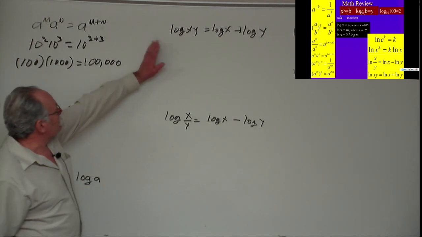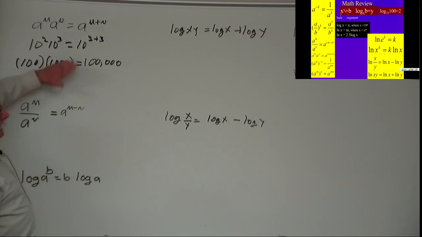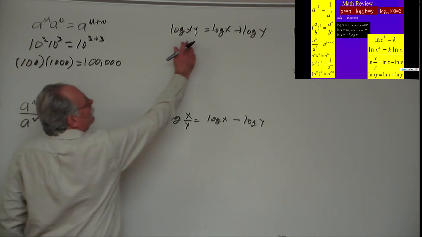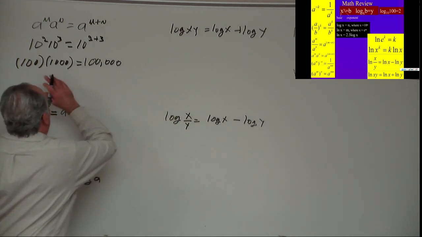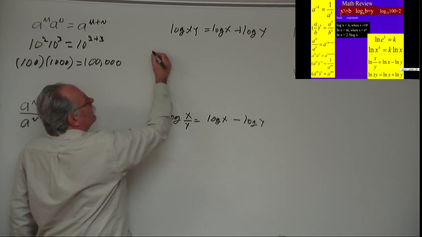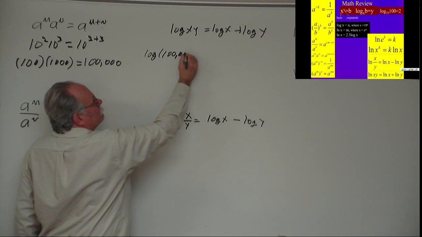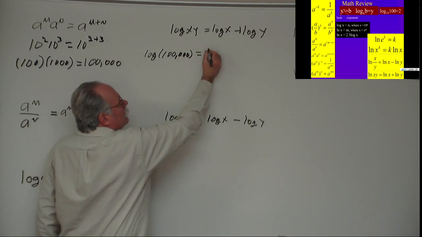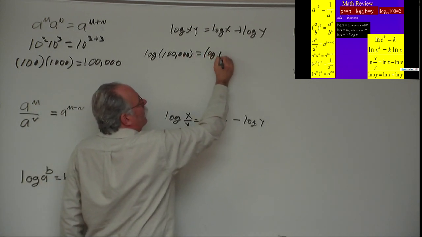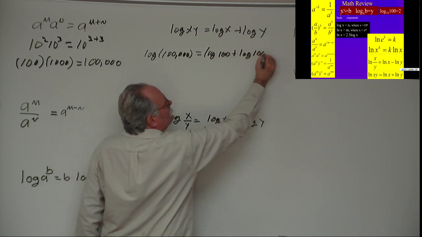Now, if I come and express this in logarithms, I'm saying 10 to what power equals a number. So if x is 100 and y is 1,000, then I can say that the log of 100,000 is equal to the log of 100 plus the log of 1,000.